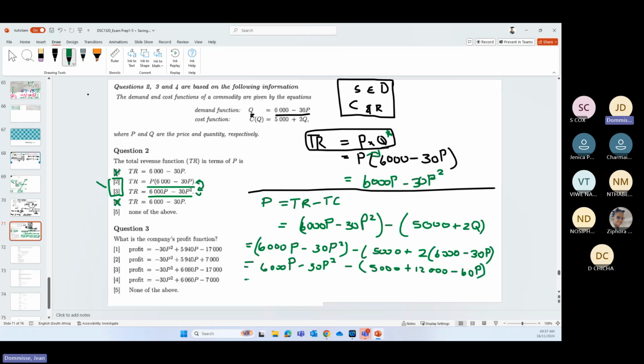Okay, now we can use that negative, so it's still 6,000p minus 50p, and you could probably cut out one or two of the workings if you want to. I just like to make sure. So 5,000 plus 12,000, so that's minus 17,000, and then minus times a minus is plus 60.